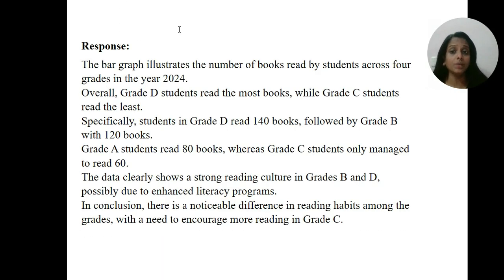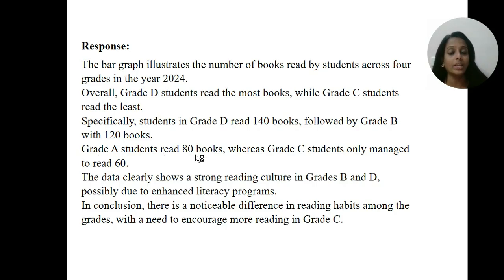So here is my sample response. You can start by saying that the bar graph illustrates the number of books read by students across four grades in the year 2024. Overall, grade D students read the most books, while grade C students read the least. Specifically, students in grade D read 140 books, followed by grade B with 120 books.